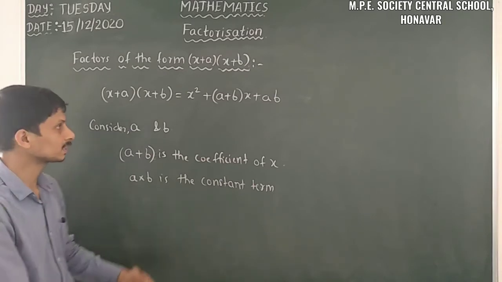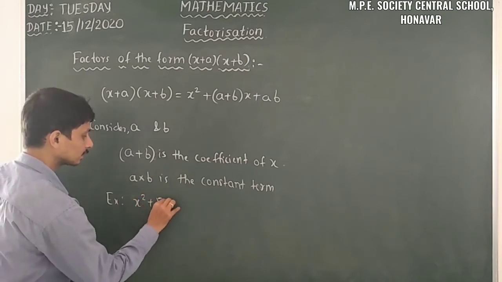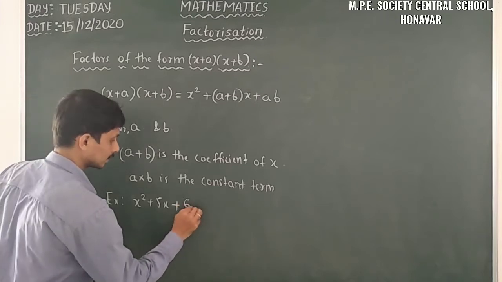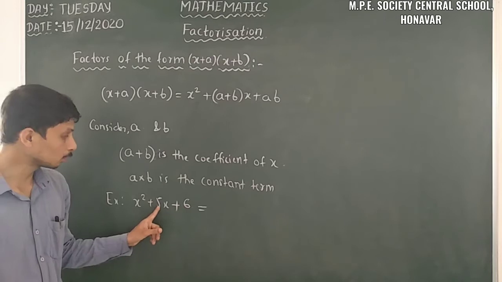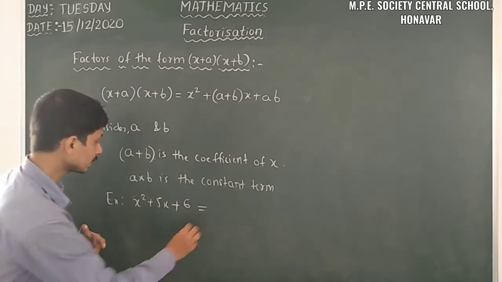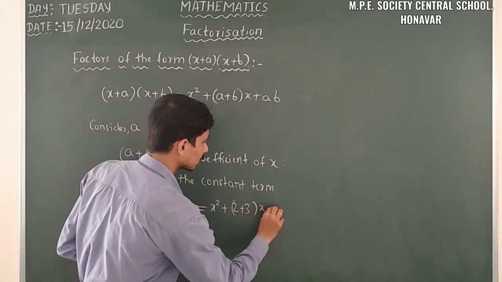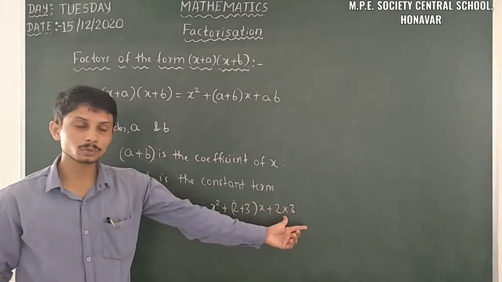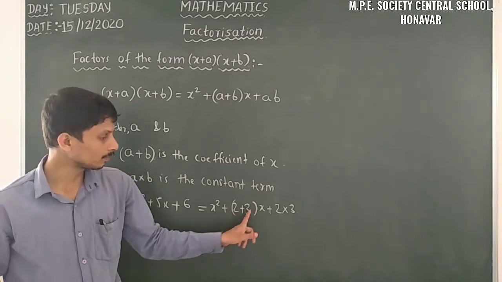So for example, let us take one example here: x square plus 5x plus 6. Just observe, we can write 6 as 2 into 3 and 2 plus 3 is equal to 5. So that is x square plus 2 plus 3 into x plus 2 into 3. The value of a is 2 and the value of b is 3.